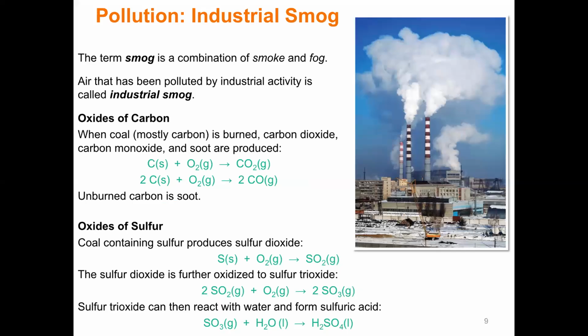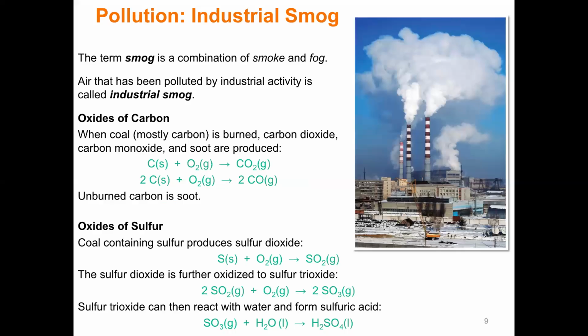And then here, coal, where is it coming from? Well, when we are making coke, right? Remember, coke is a very pure form of carbon that we need to make steel, in purifying iron from its ore.